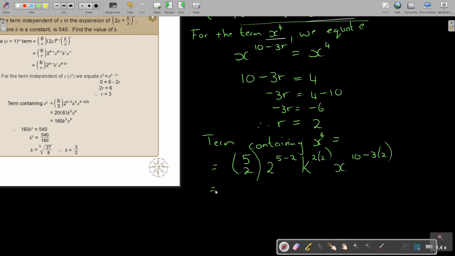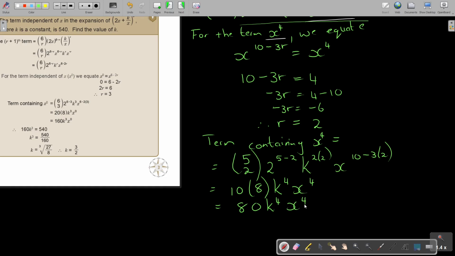Okay, and now I'm just going to simplify this. So 5C2 is going to be 10. This is 2 to the power 3, and that's going to be 8. And it's k to the 4, and x to the power 10 minus 6, so it's going to be 4. So this is going to be 80k to the 4 x to the power of 4.